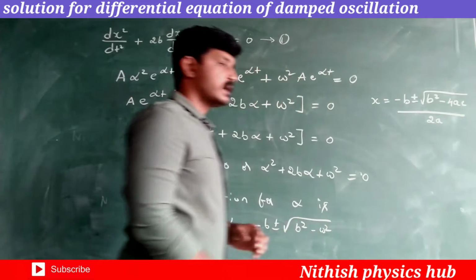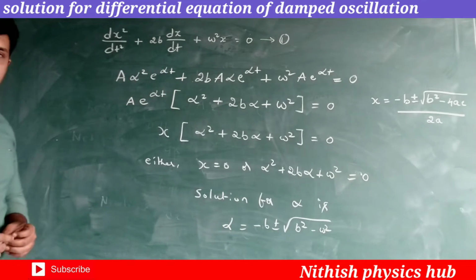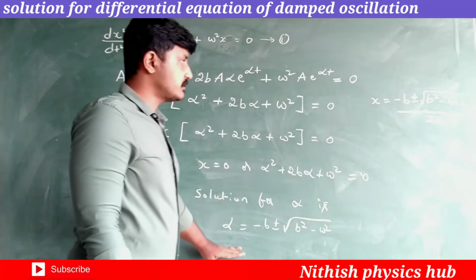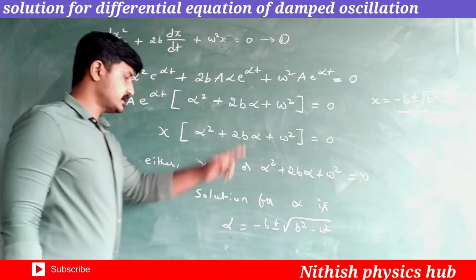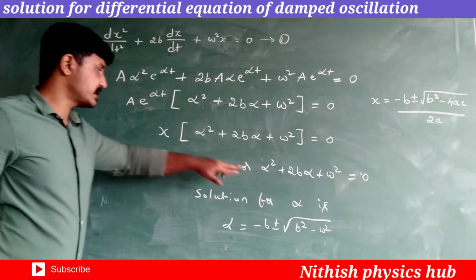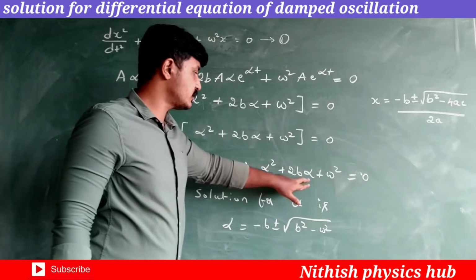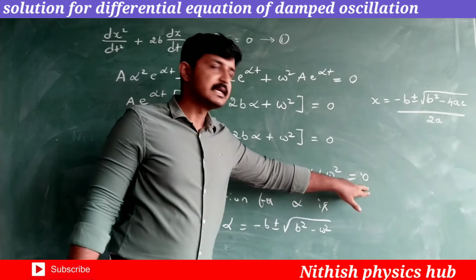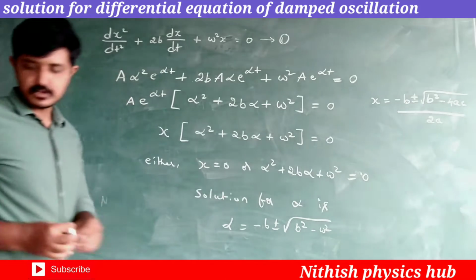This is the formula which I have applied to the quadratic equation alpha square plus 2b alpha plus omega square is equal to 0.